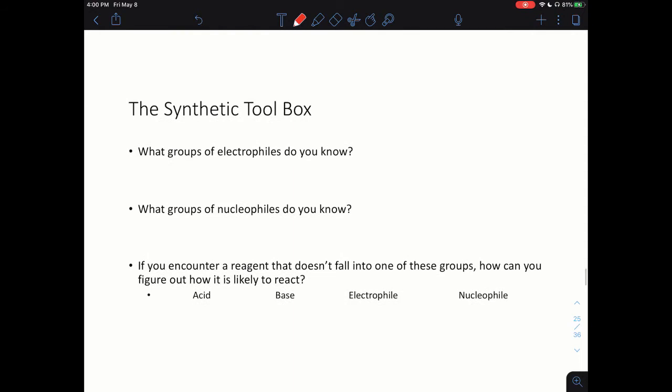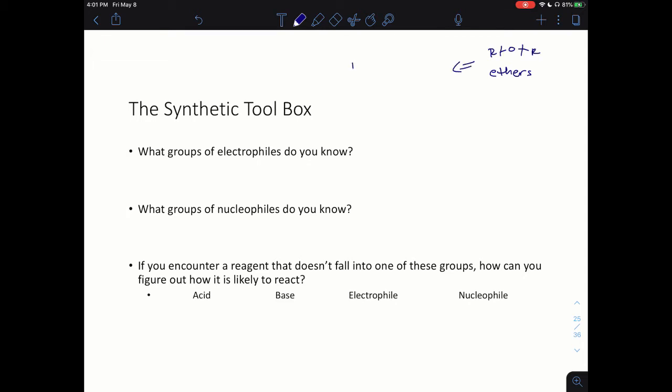Now is a really good time for us to pause and think about our synthetic toolbox. Our synthetic toolbox contains the reagents and the strategies that we know for synthesizing or making molecules. Right now, the big group of molecules that we learned how to make were ethers, and we thought about disconnecting the CO bonds.